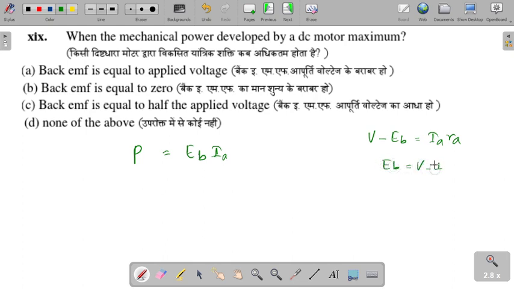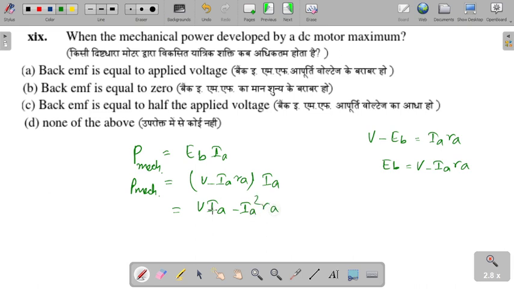V minus IA RA. V minus IA RA into IA. This is the mechanical power. So V IA minus IA whole square RA.